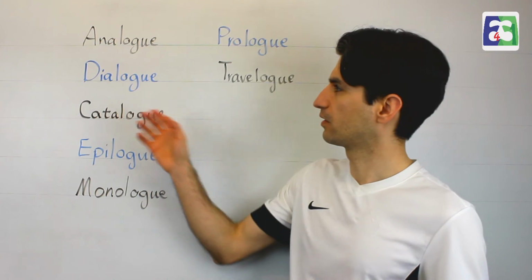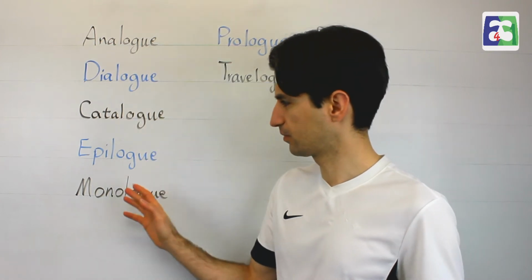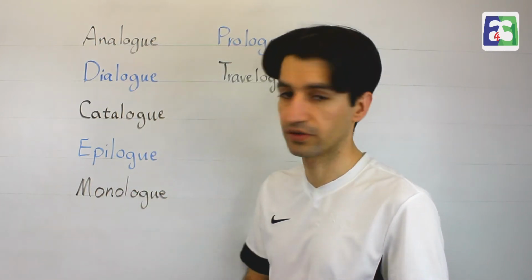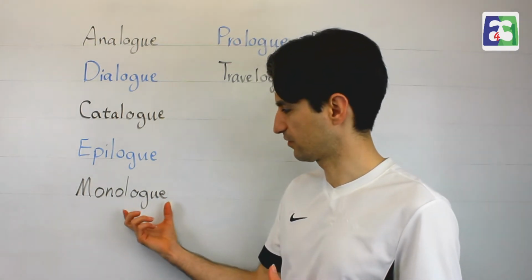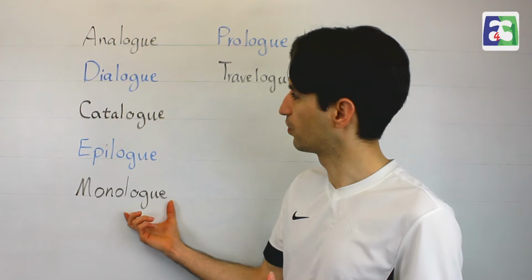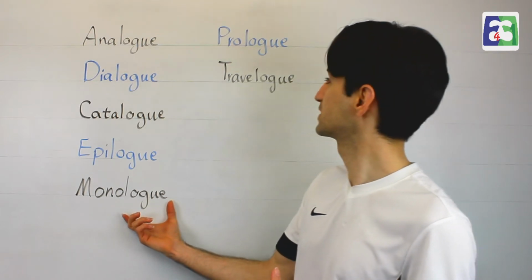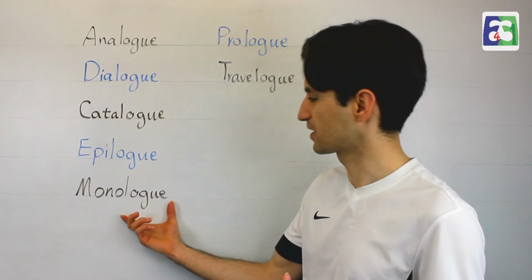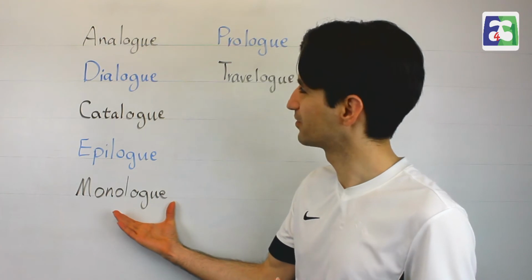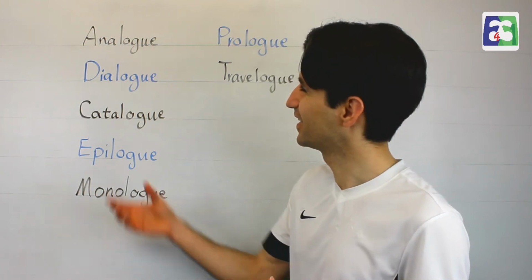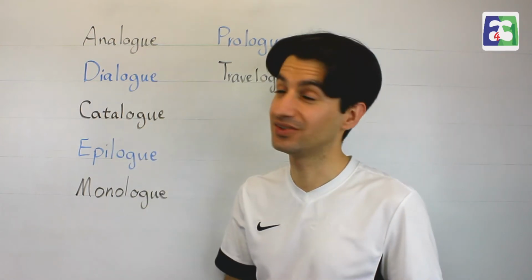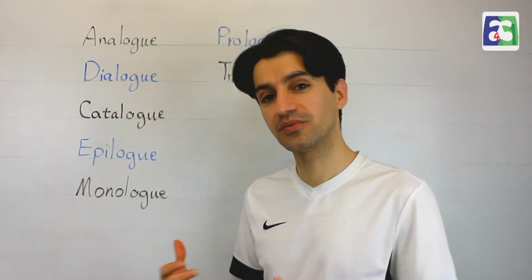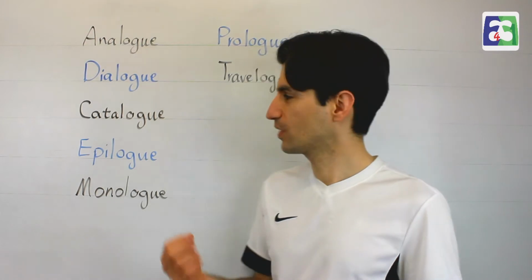Analog, dialogue, catalog, epilogue, monologue, and the rest are all spelled this way. The final four letters are all the same, or I would say the final five. They are all ending in LOGUE.